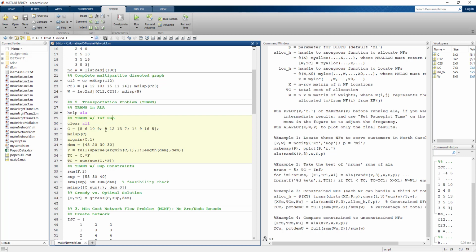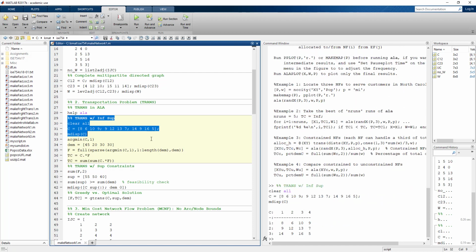So for a transportation problem, if we wanted to do the case where we do have infinite supply, I'm going to use as an example the case where we have 3 supply nodes serving 4 customer nodes, and that's a 3x4 interlevel matrix.